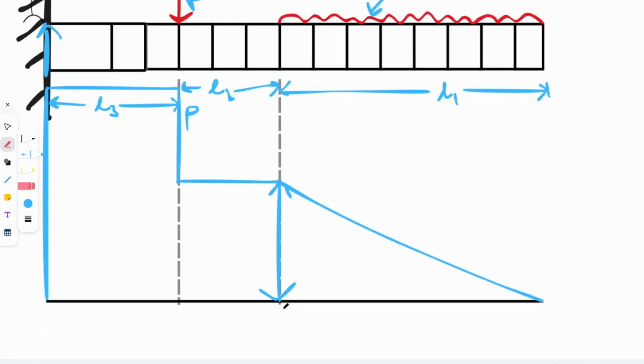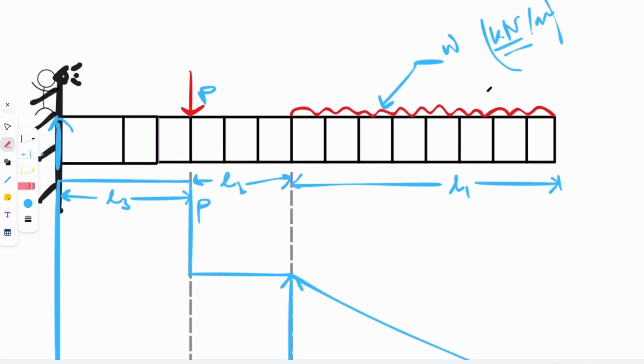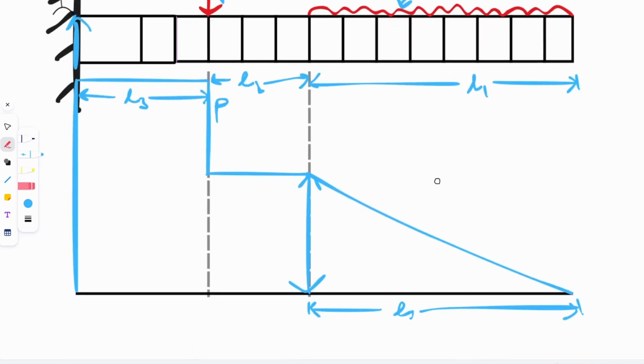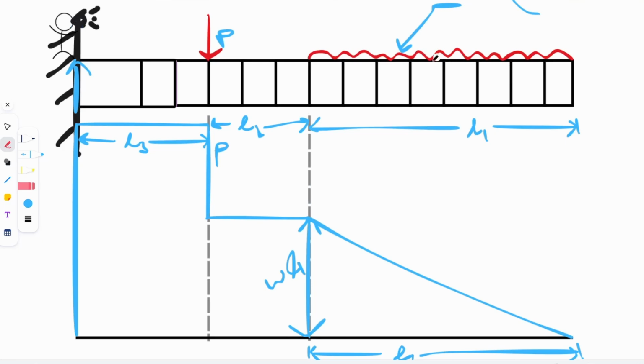So this triangle is actually going to be L1, and this length over here is going to be this entire load, right? So what is this entire load? That is mass per unit length times the length, which is W L1, right? So that is the shear force diagram due to a uniformly distributed load.